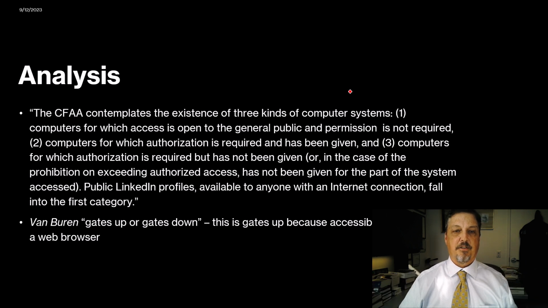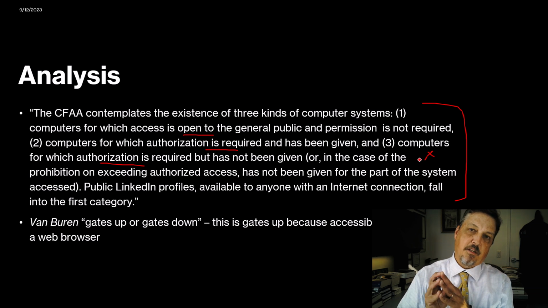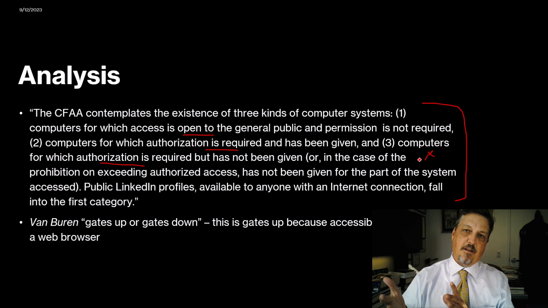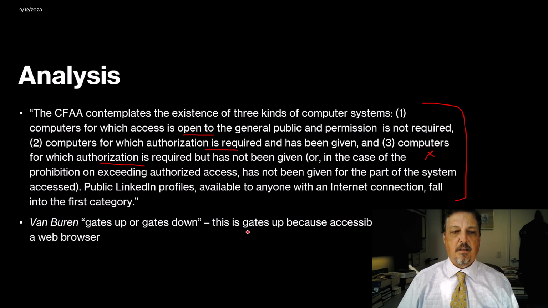The LinkedIn profiles are publicly accessible to anyone, and the Ninth Circuit categorizes access as basically open to the general public, or specific authorization where you have it, like a password, or specific authorization where you don't have it. And it would be only this latter category, where there's some specific authorization, a decryption key, a token, password, or something like that, that counts.